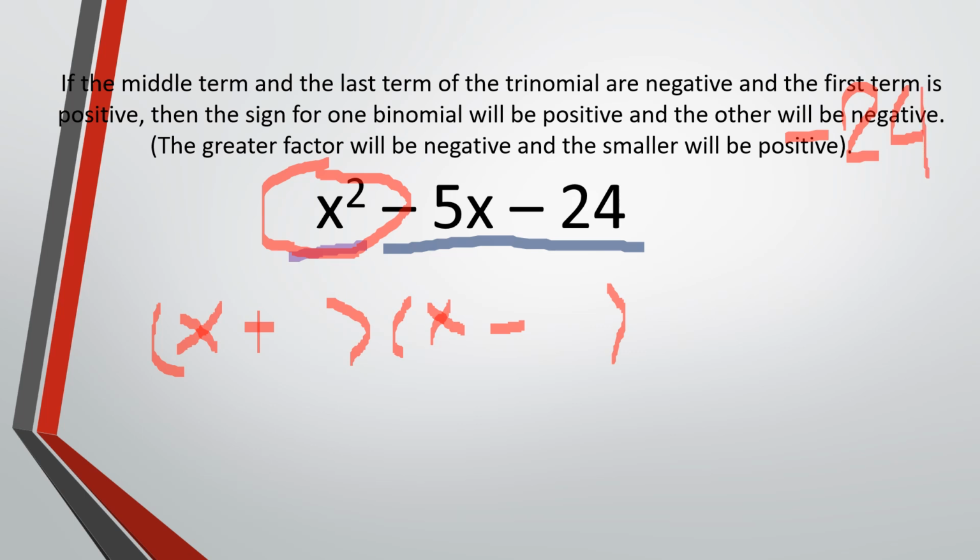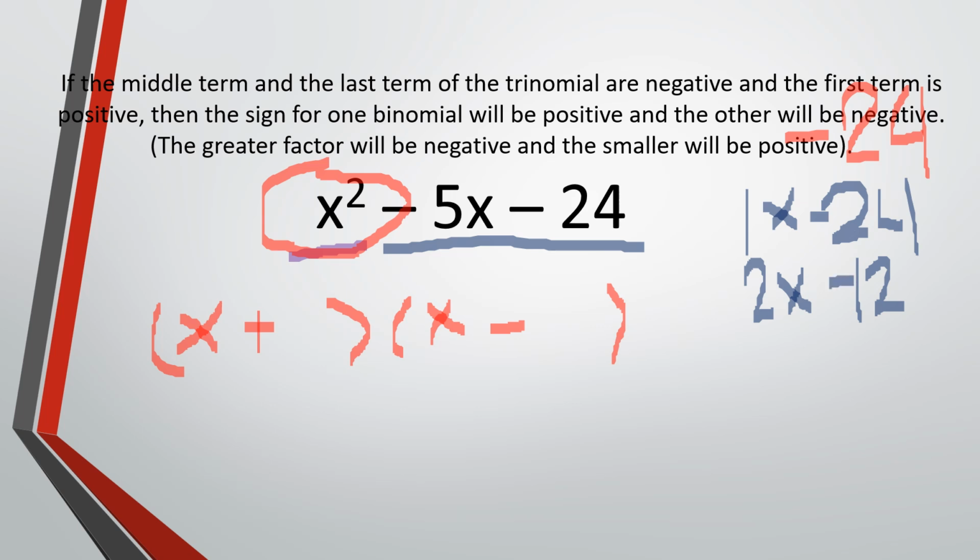Now, what are the factors of 24? Okay, we have 1 and 24. Again, the greater factor will be negative. Now, we have 2 and 12. The bigger number is 12, therefore that is negative.